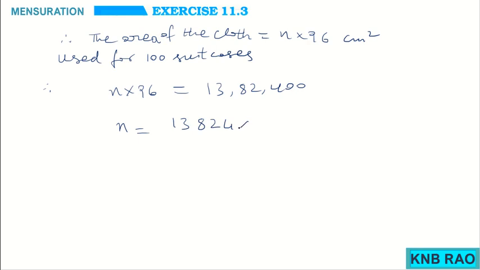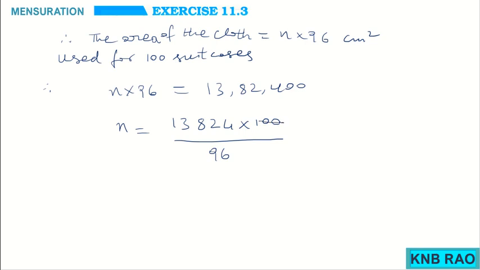13,82,400 divided by 96. Let me take that 100 separately, so I'm multiplying 13,824 into 100, and this 96 comes and divides.